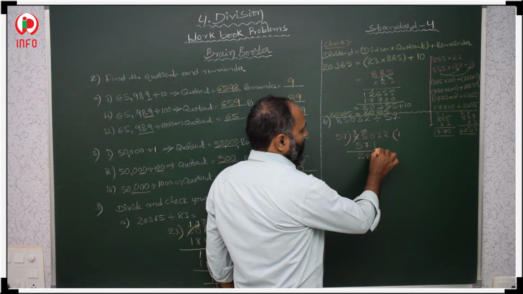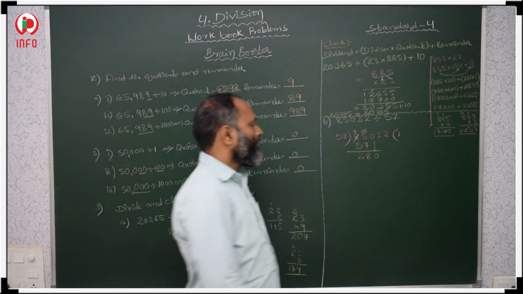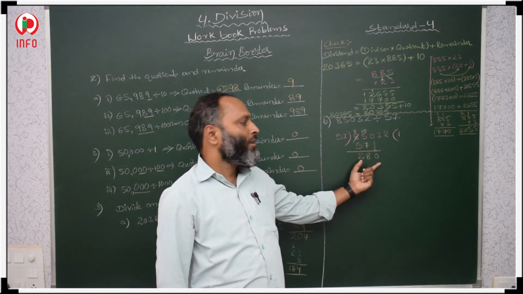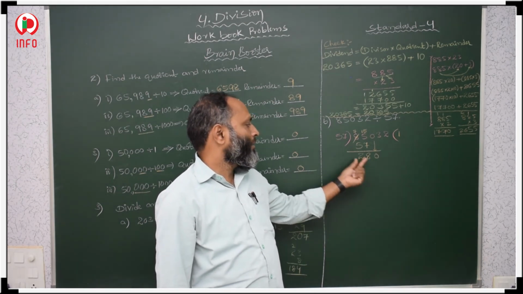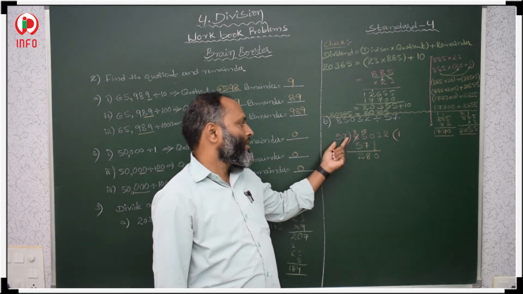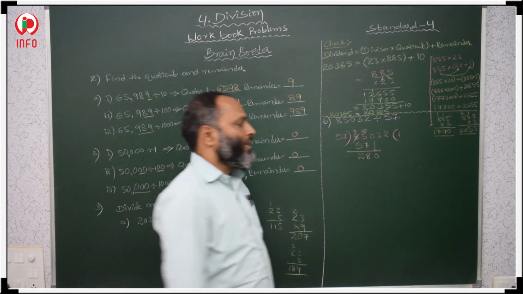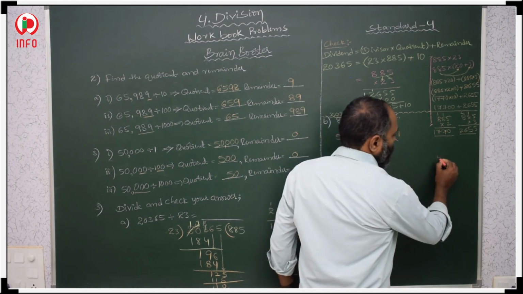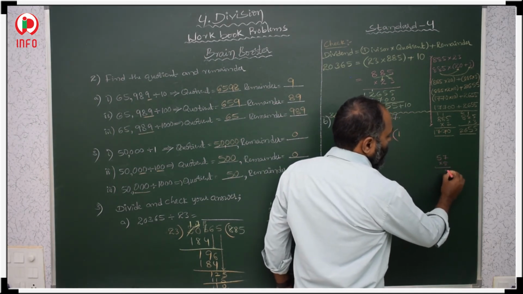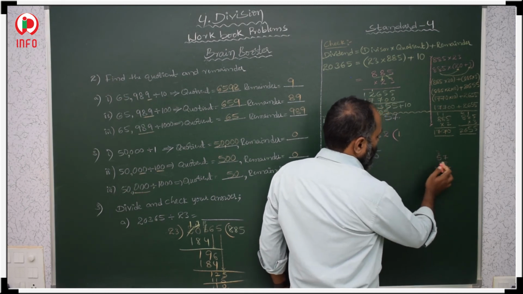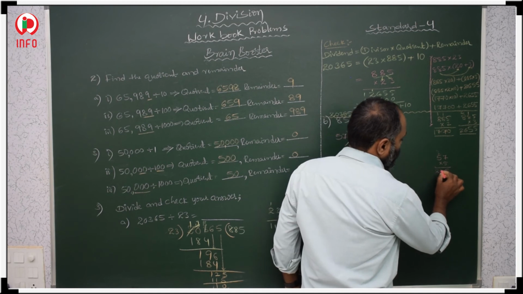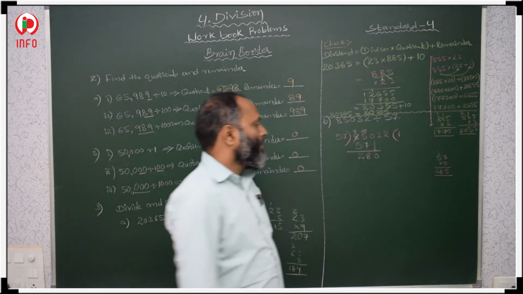Next we have to take 0. Now in the 57 table, when do we get 280? First we check in the 5 table when we get 28. 57 fives: 5 7s are 35, 3; 5 5s are 25, 28, so 285.